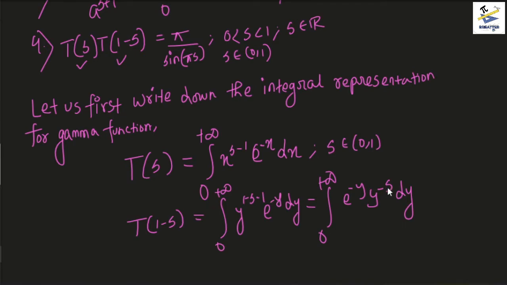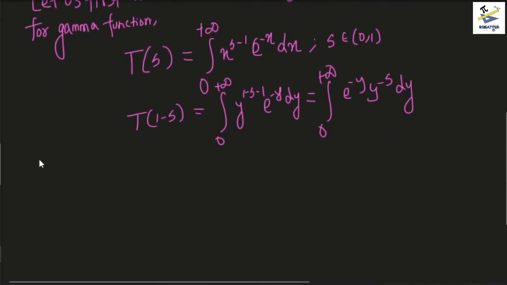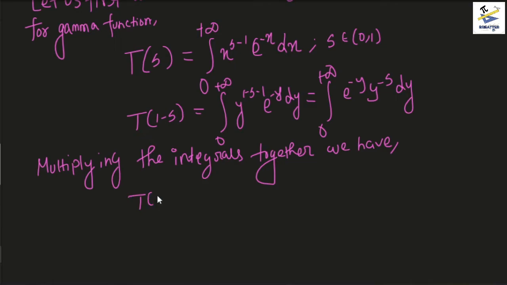Now what happens if we multiply them together? Let's see. So gamma of s into gamma of 1 minus s.